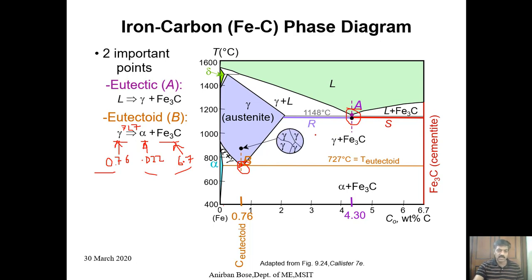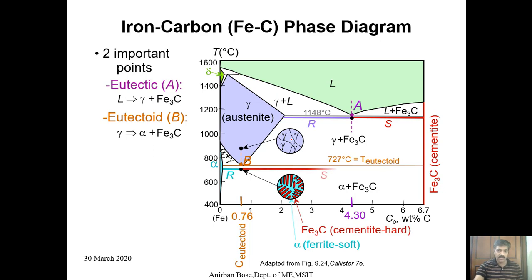So now if you want to see the structure, you see at this point it is solid austenite. So after that you can see it is the pearlitic structure. From the color you can understand what the phases are. Here the blue phase is represented by the ferrite phase, and the red phase is represented by the Fe3C cementite phase.